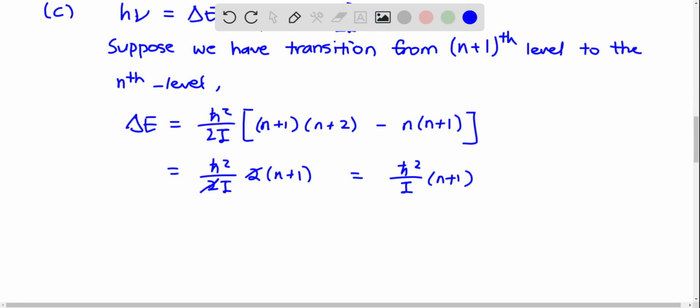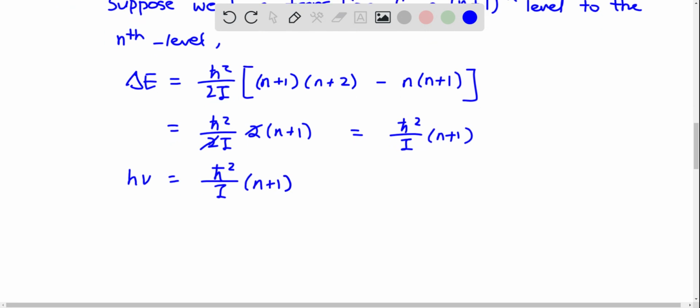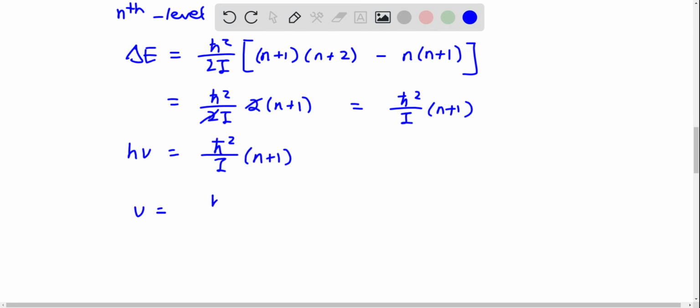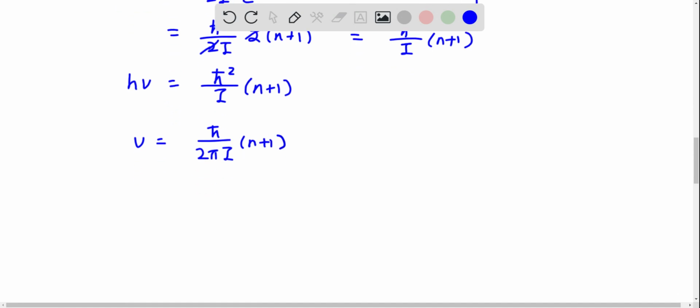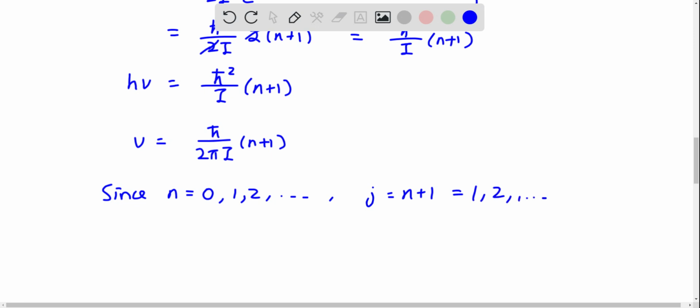Delta E is h nu, so h bar square over I times n plus 1 equals h nu. So nu is equal to h bar over 2 pi I times n plus 1. Since n is equal to 0, 1, 2, and so on, I'm going to call j equal to n plus 1, and this will be 1, 2, and so on.